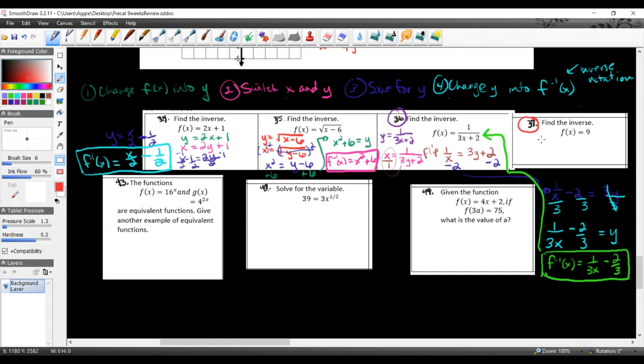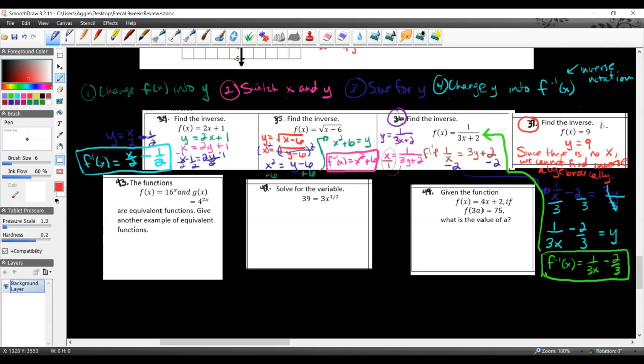This one's kind of weird because you have this is equal to y, so y equals 9, but there is no x value. So since there is no x, we cannot find the inverse algebraically.